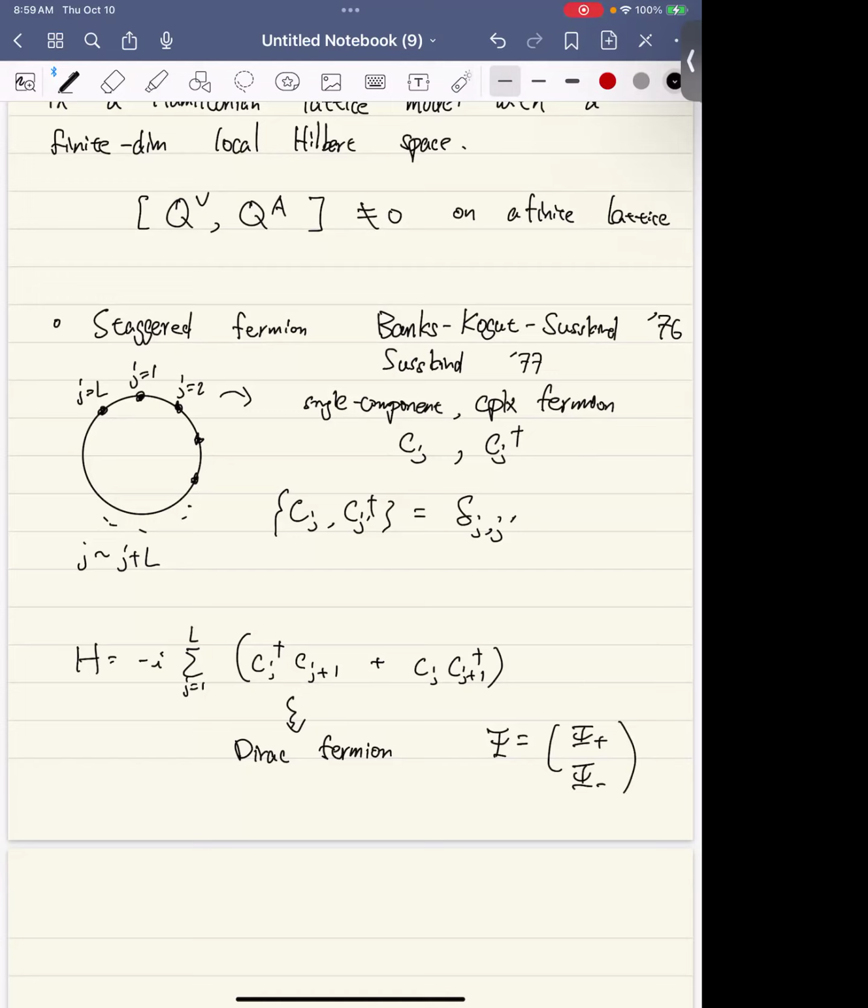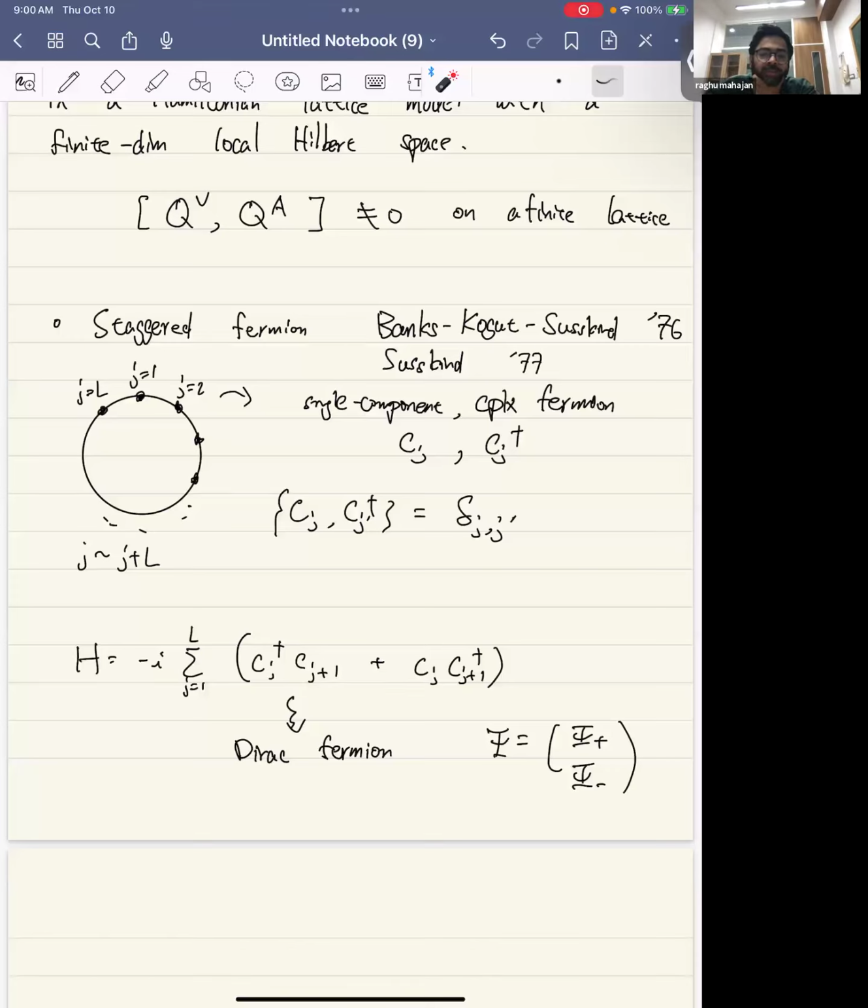I have to emphasize that this plus and minus are not a left-handed and a right-handed component. So this is in a different basis. That's some technicality. Let me not go into that. The rough idea is that you put one component of the fermions on the even site, and the other component of the fermions on the odd site. I think for that reason, Banks, Kogut, and Susskind call this the staggered fermion.